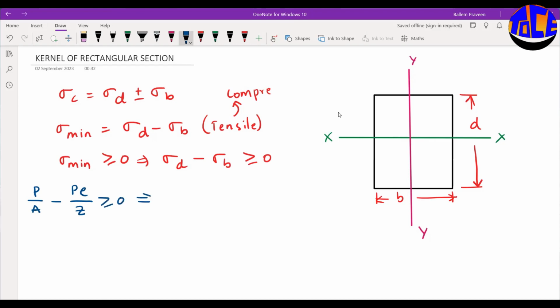Further, we can write this equation as P by A minus PE by Z, where the section modulus for a rectangular section is nothing but BD square by 6. Here B is the width of the section and D is the depth of this rectangular section.